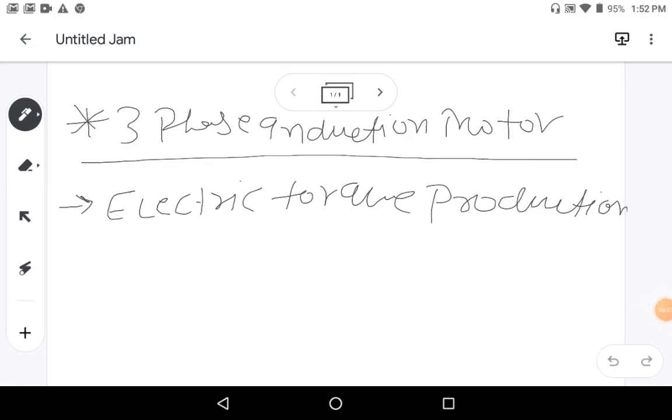Three-phase induction motor. In a three-phase induction motor, first we must know electric torque production.